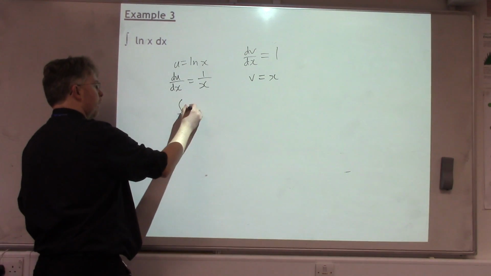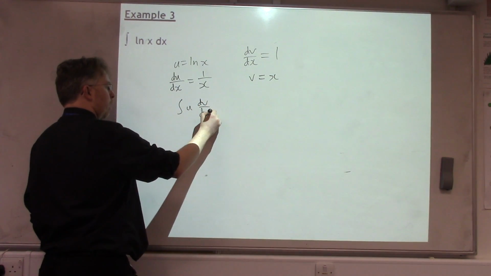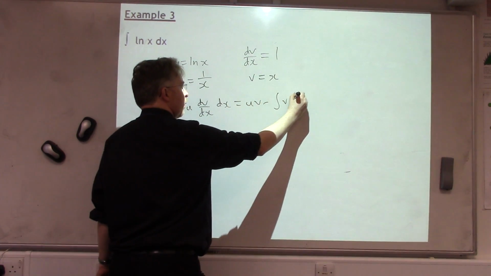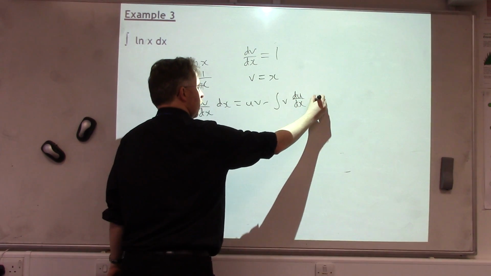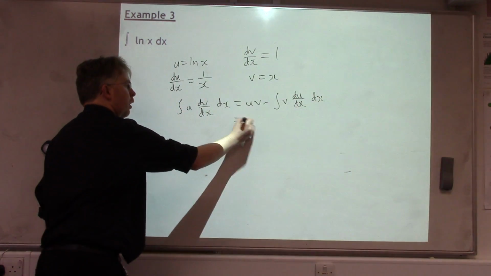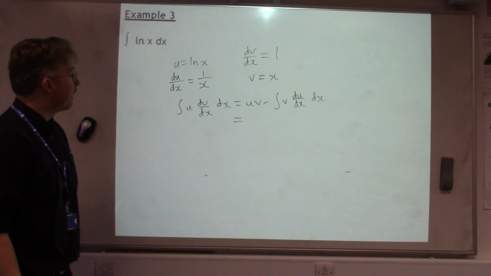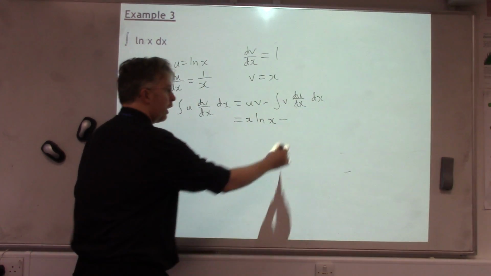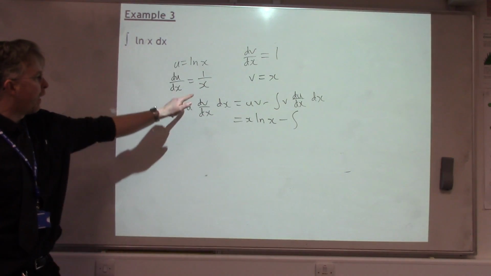Apply the formula, copying it down from the formula booklet. So u times v is x times ln x minus the integral of v times du by dx.